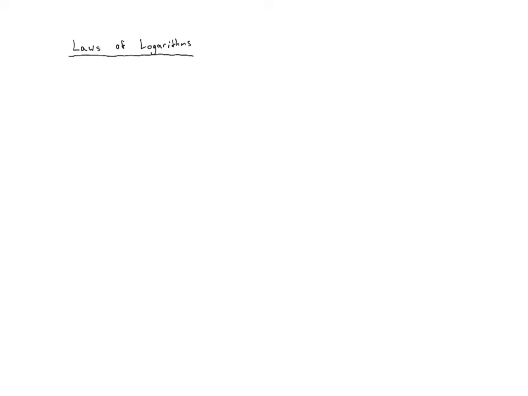The first one says if we have a log base a of a product, capital A times capital B, we can actually write this as the sum of 2 logarithms, log base a of capital A plus log base a of capital B. So in words, the logarithm of a product is equal to the sum of the individual logarithms of the factors.